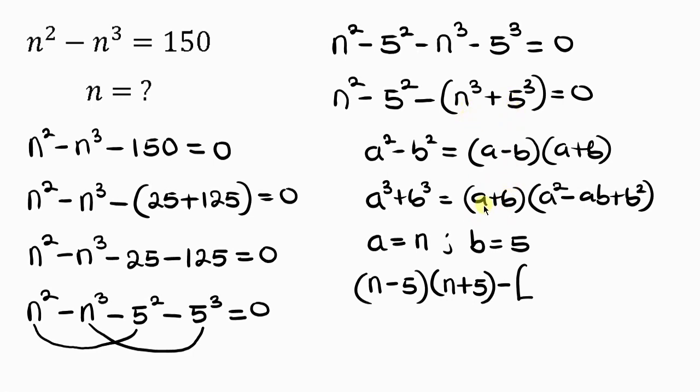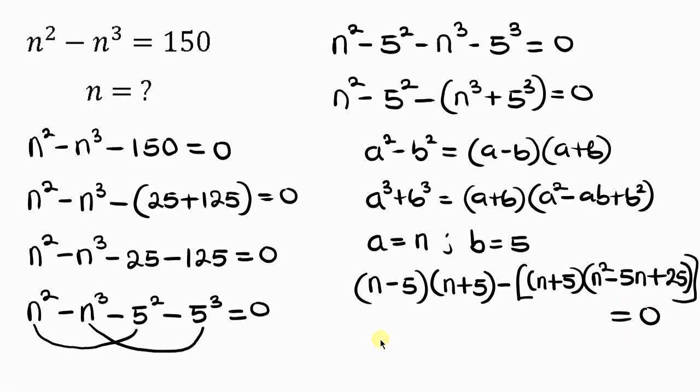So we have a plus b, which is n plus 5, times a squared, which is n squared, minus ab, which is n5, or we can write 5n, the same thing, and then plus b squared. B squared, which is 5 squared, is 25. So 25. So we can actually close the bracket, equal to 0.